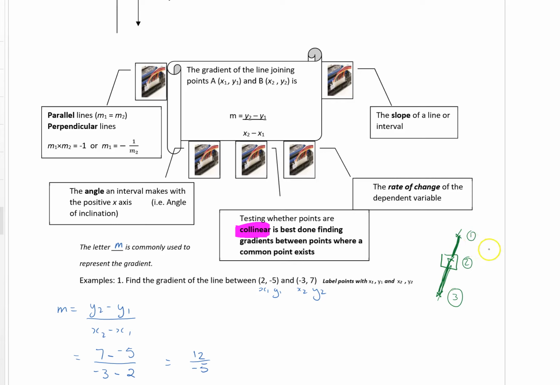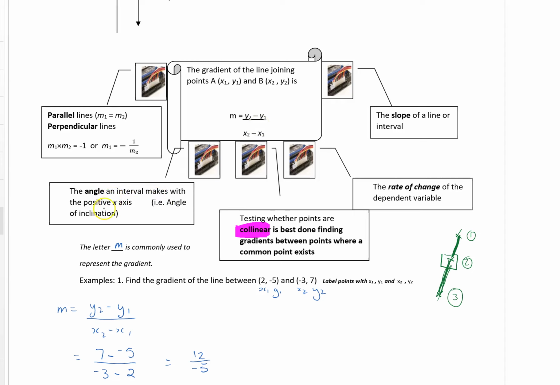There is no other option. So just be aware that a question could have the wording about, or could be asking you to find if points are collinear, and you need to make a connection to the gradient between 2 points.